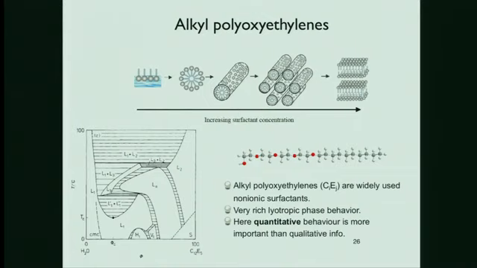These are very simple alkyl polyoxyethylene type molecules. They are amphiphiles in which one part of the chain is the alkyl chain and the other is the ethoxy chain. And in a solution of water, they basically form a very rich and beautiful phase diagram.